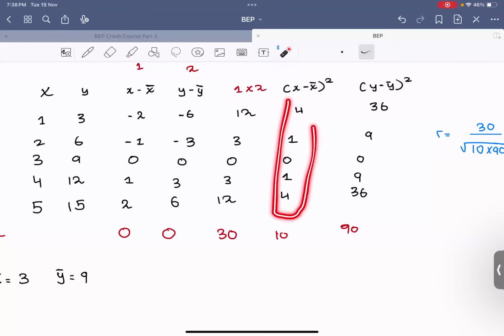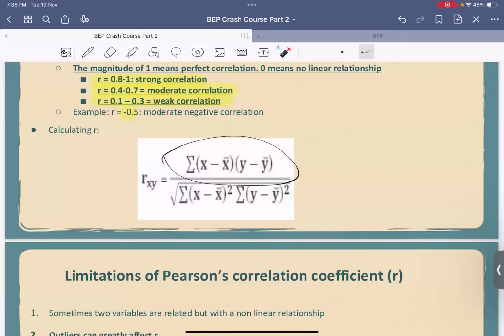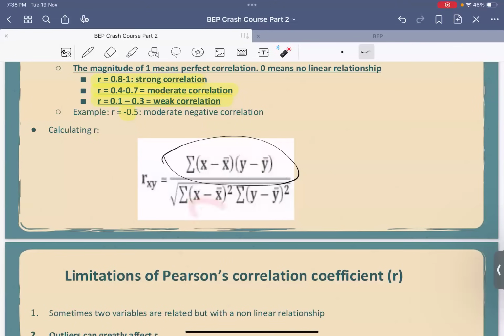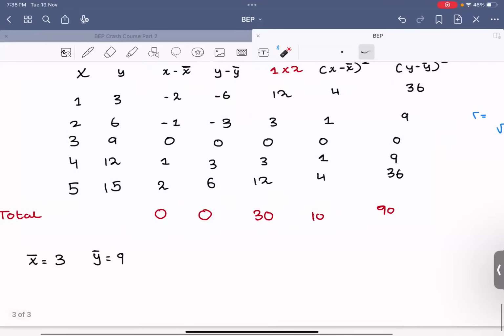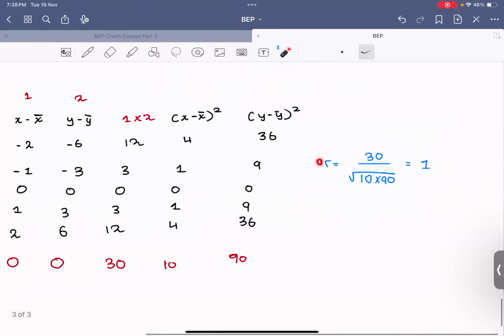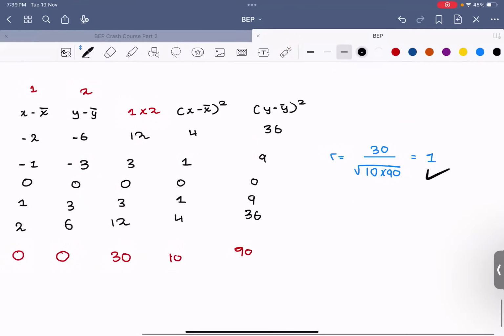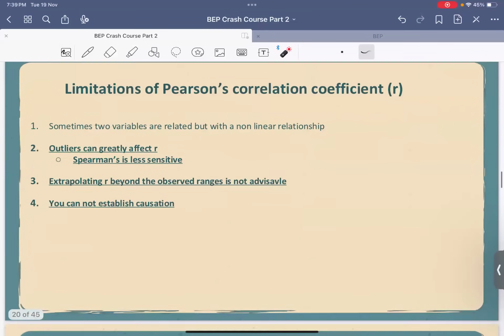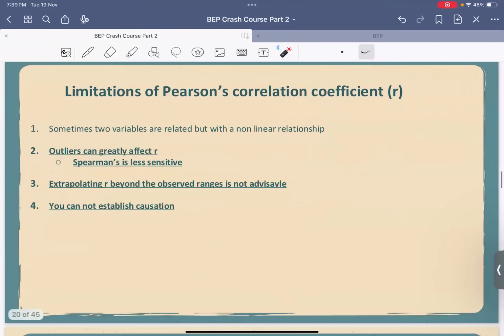So we got all of this squared, and then the total of this squared times the total of this squared, okay? So 10 times 90, basically. And so we put it all above each other. So r equals 30 over the square root of 10 times 90. And we get a correlation of 1, which is perfect correlation. Perfect positive correlation. Okay. So I don't think they're going to ask you about this, honestly, impossible.